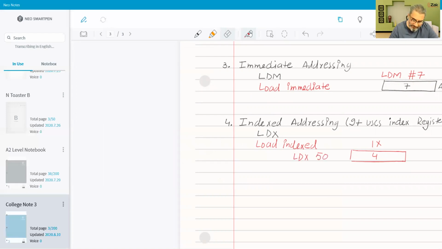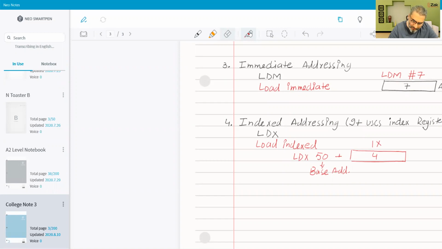All right. So this 50 is called base address. Base address means where the whole thing will start. And this base address will be added to the content of the index register.